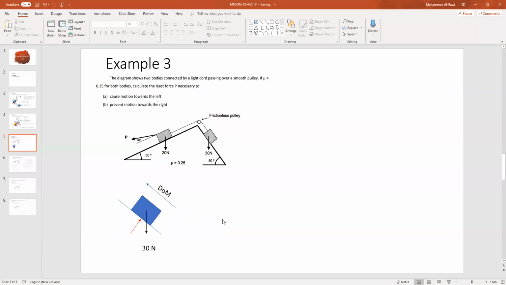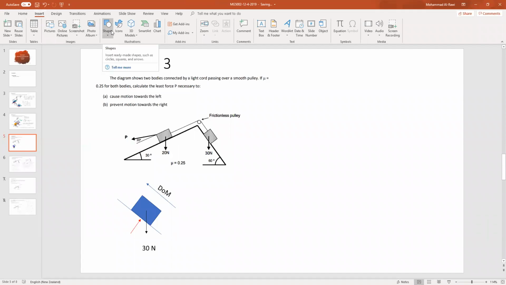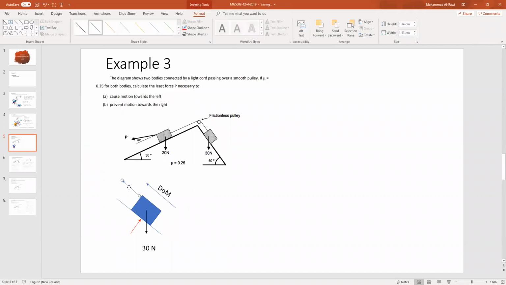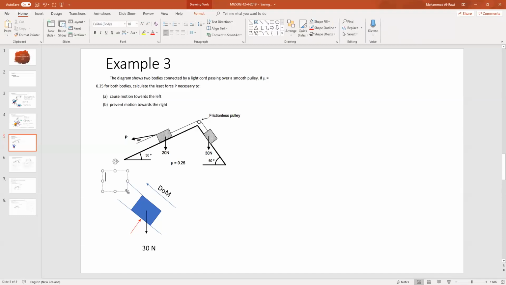And what else do we have? We have the T, which is coming from the cord. So I'll represent that going in that way. So that's the T, and I will give it the same T. T is the same for both free body diagrams to make sure we use the same value. And opposite to the normal force, this is normal 1.